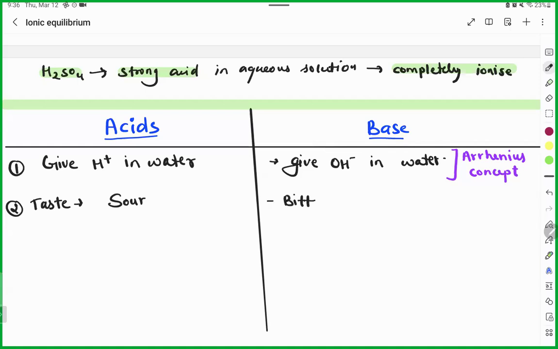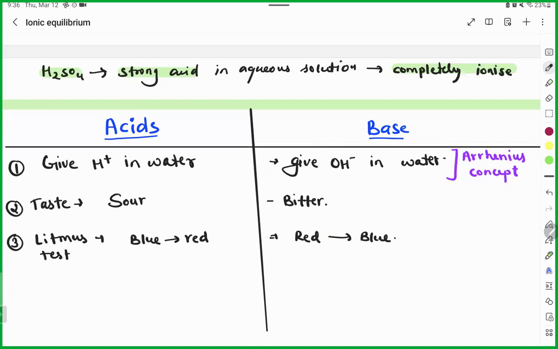Third, you have the litmus test. In case of acid, blue color will convert into red, and in case of base, red will convert into blue.